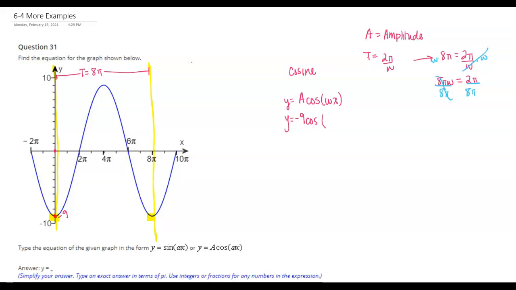These 8 pi's cancel, and now we have 2 pi over 8 pi. Pi's cancel. 2 over 8 is 1/4. So now we have 1/4 x. So the way we type this in would be y equals -9 cosine parentheses 1 divided by 4 close parentheses x close parentheses. And that is our answer.